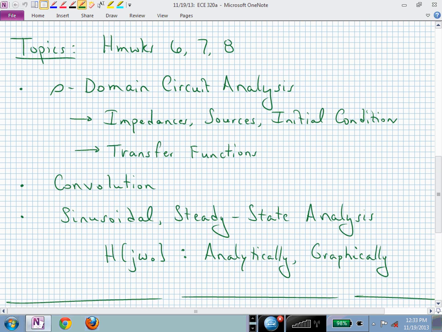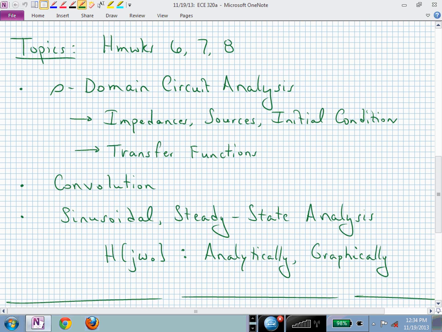It may represent more than that, actually, because I don't know if I'm going to make sinusoidal steady state analysis a third of the exam, but you need to know how to perform sinusoidal steady state analysis, finding H of j omega naught analytically and graphically, but this does not include Bode plots.